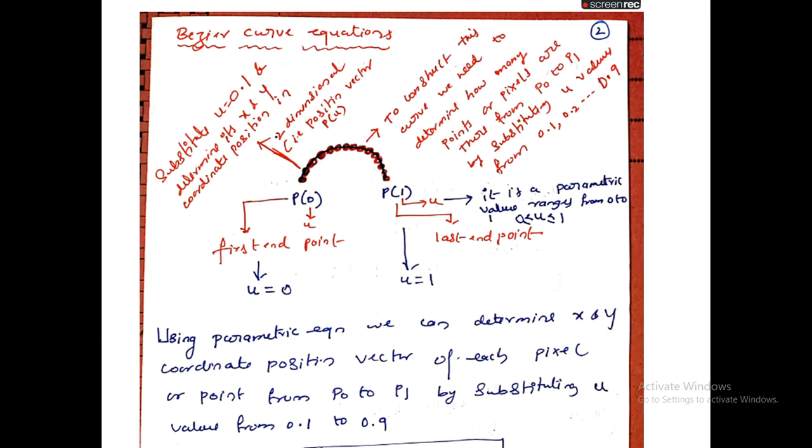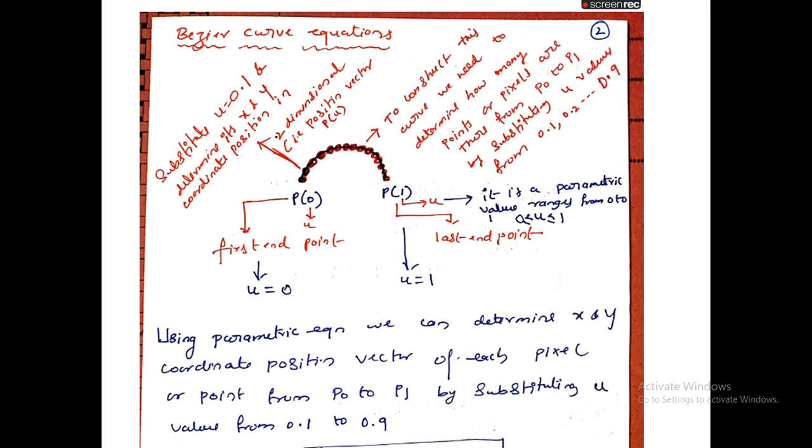When you are creating a two-dimensional curve, you are supposed to calculate the pixel position from the first endpoint to the last endpoint of the curve. So let us start by calculating the first pixel position. In a parametric equation, I will substitute u value 0 and I'll get p of 0.